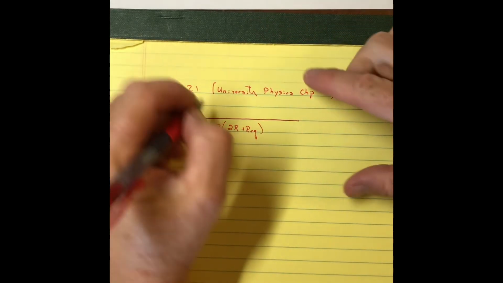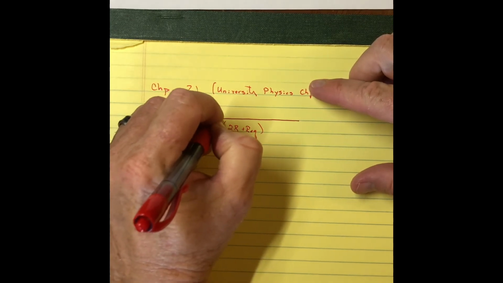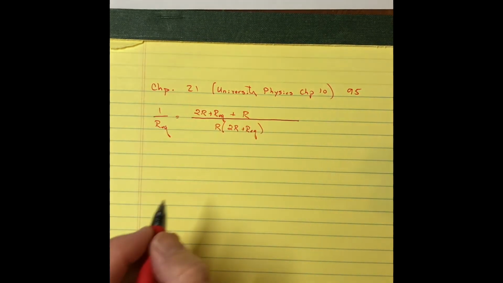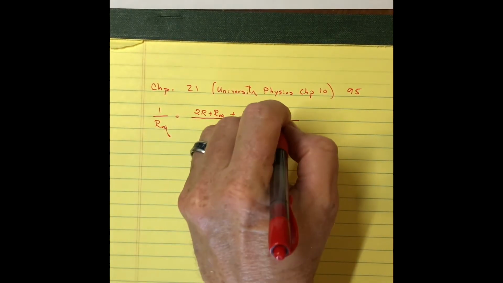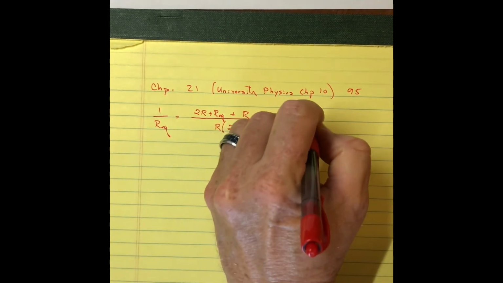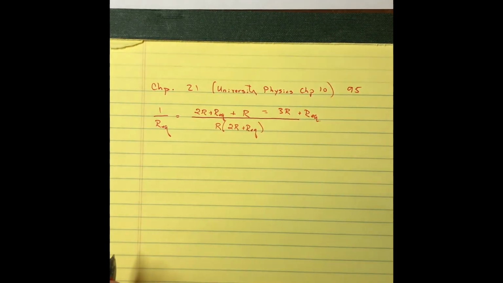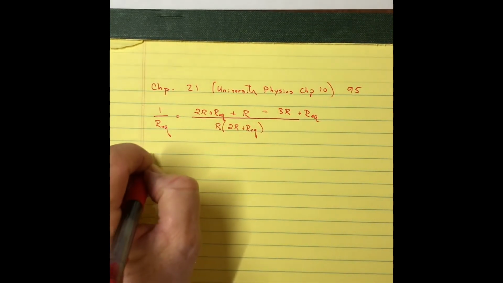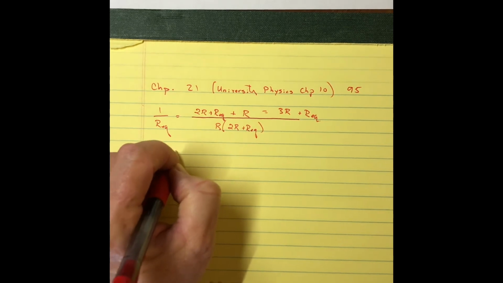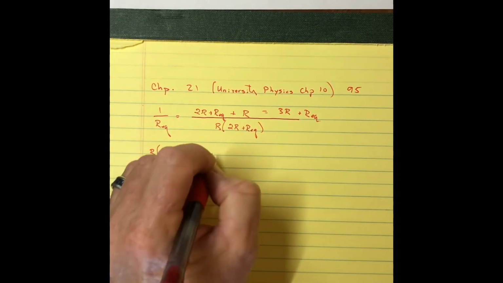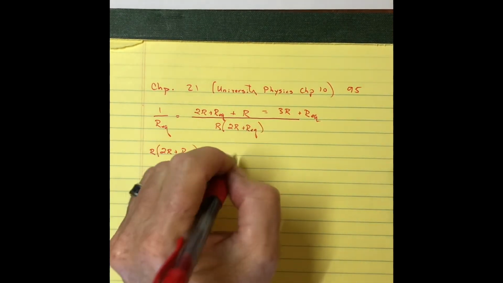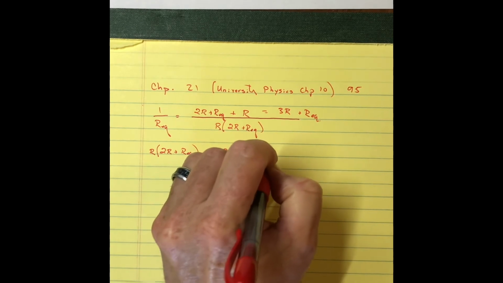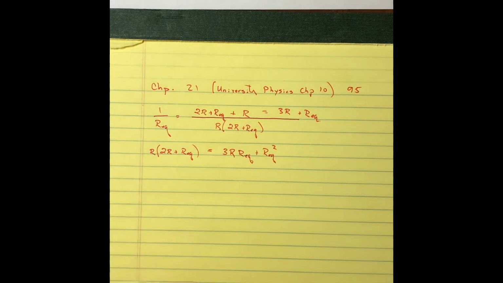And that means I would have a 2R plus R equivalent here, and then plus an R, which means this numerator is 3R plus R equivalent. Okay, so then I can cross multiply, so that times 1 is R times 2R plus R equivalent. And when I cross multiply here, I get 3R equivalent plus R equivalent squared.